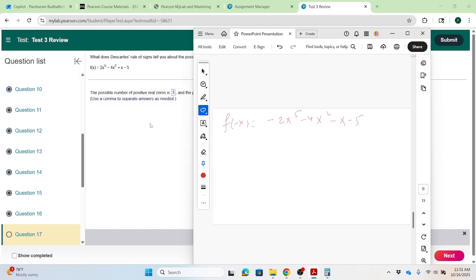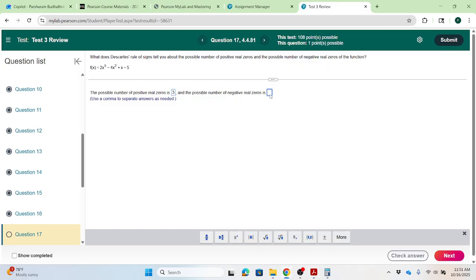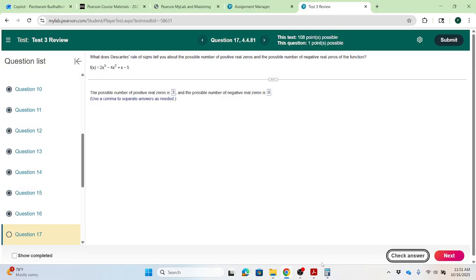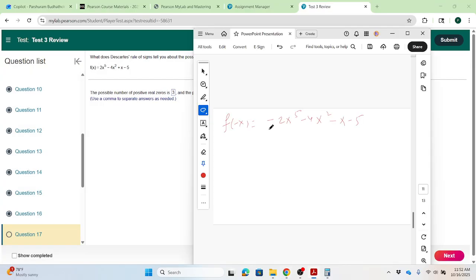If there is no sign change, then the number of negative zeros is 0. Let me check that I did not do anything wrong with the possible number of negative real zeros. I replaced x by negative x, so it will be negative, negative, negative, and then negative. Negative to negative is no sign change, so that is 0.